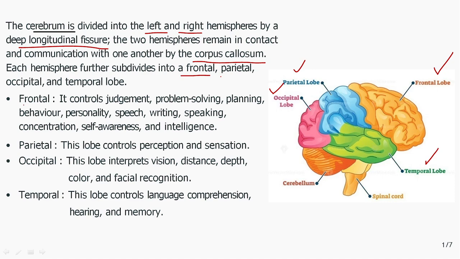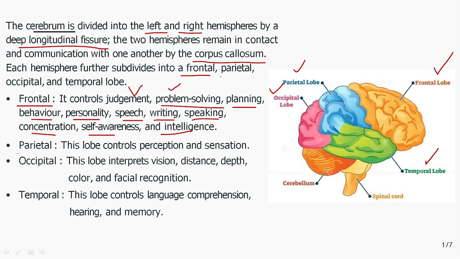If you mark the frontal lobe, it controls judgment, problem solving, planning, behavior, personality, speech, writing skill, speaking capability, concentration, self awareness and intelligence. So the frontal lobe controls these different skills.